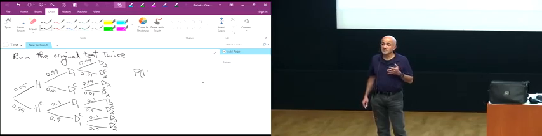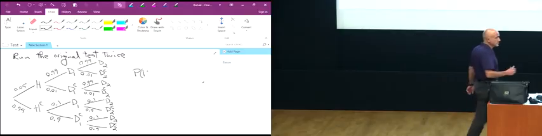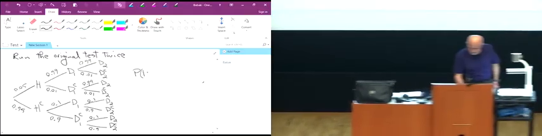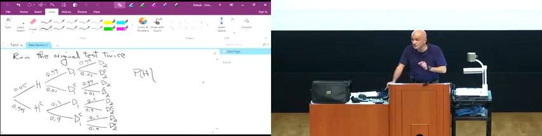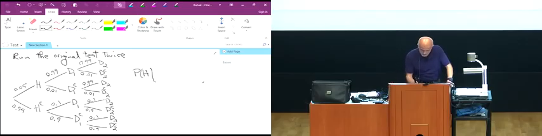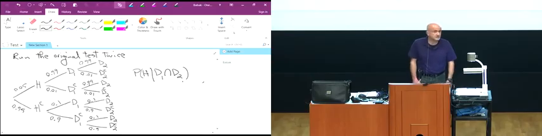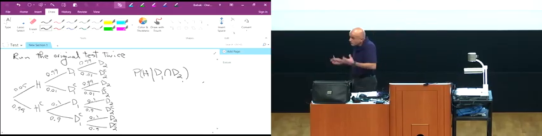Probability of D given H or H given D? D given H is already given to you. The H given D is the probability that the person is actually infected given a positive test result. But now we're after that probability when I have 2 positive test results. That's the probability I'm after. Hopefully this will be high.